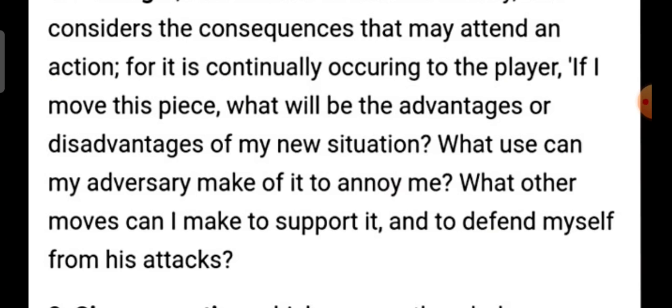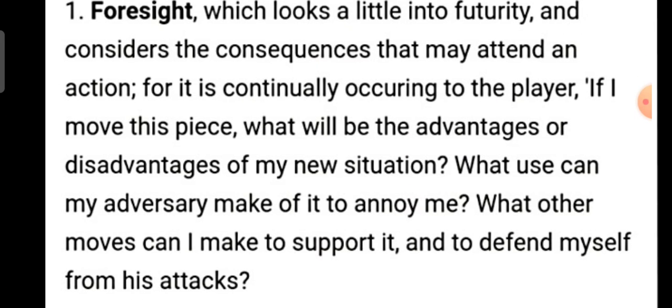What use can my adversary, my opponent, make of it to annoy me? What other moves can I make to support it and to defend myself from his attacks? Now these are some things which we should learn for our life too.